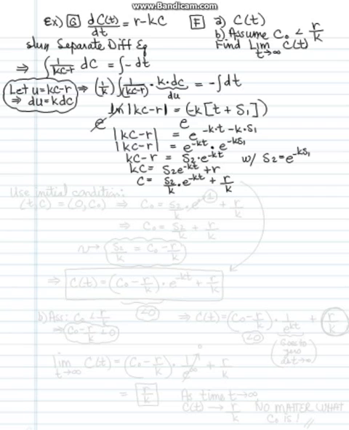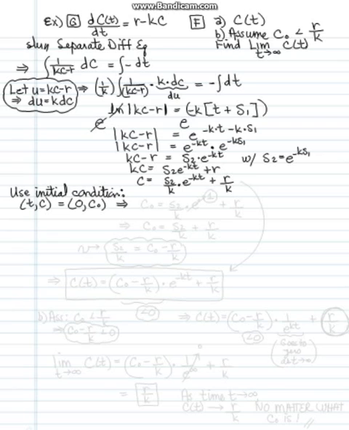Now we're going to use the initial condition to get rid of some variable. The initial condition says that when time is 0, concentration C will be equal to the initial concentration C sub 0.